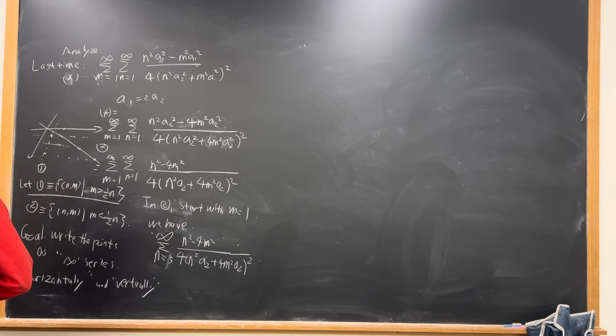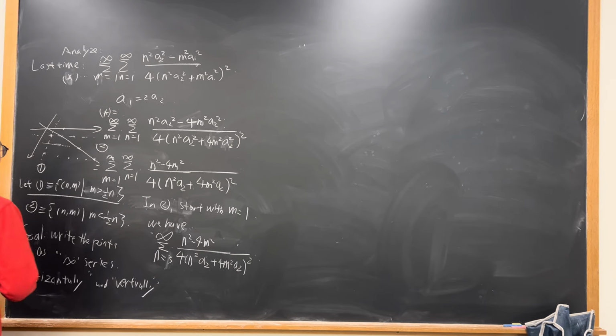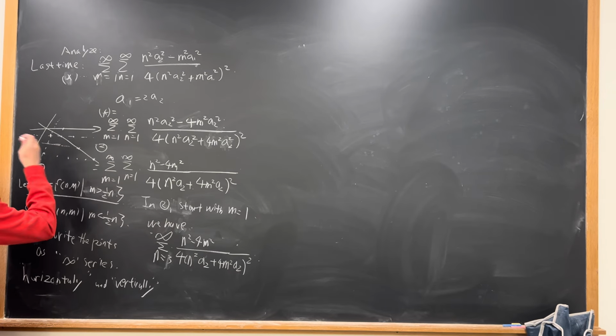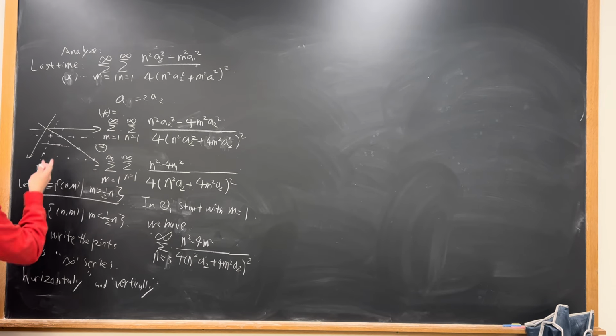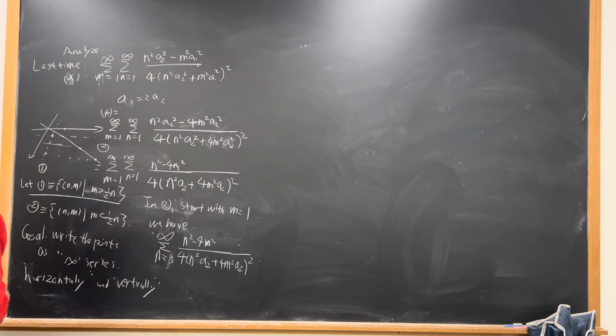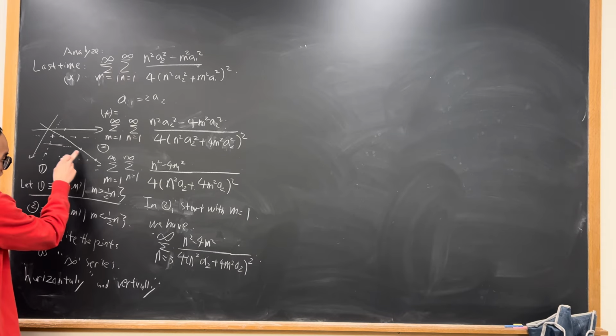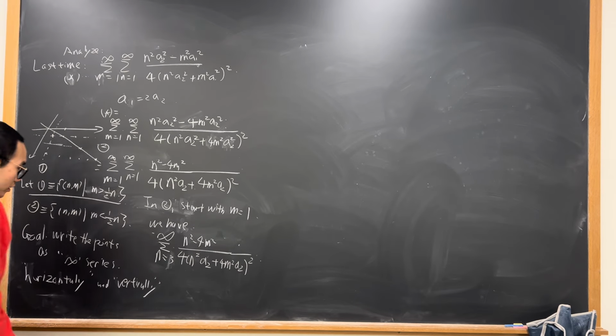So this is m equal to 1. For m equal to 2, n starts at 5, right?